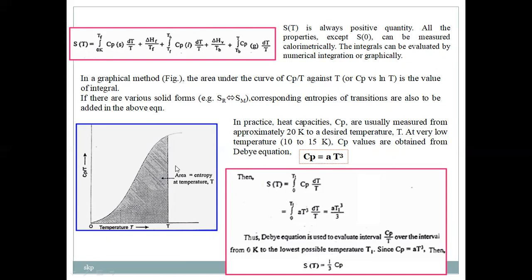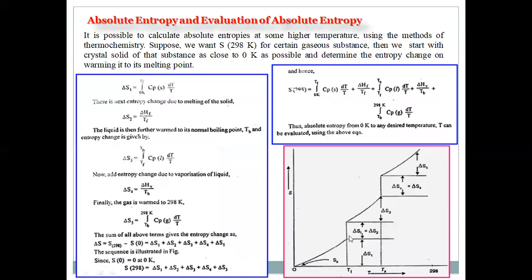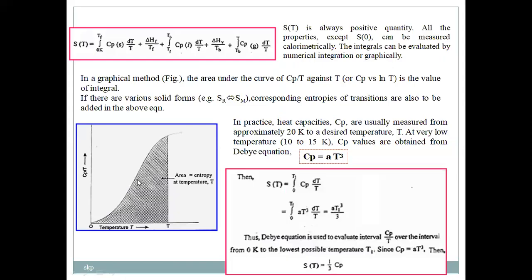In the graphical method, as seen in the same diagram, these same steps can be evaluated through a continuous graph. If we plot the overall graph, it will look like this.